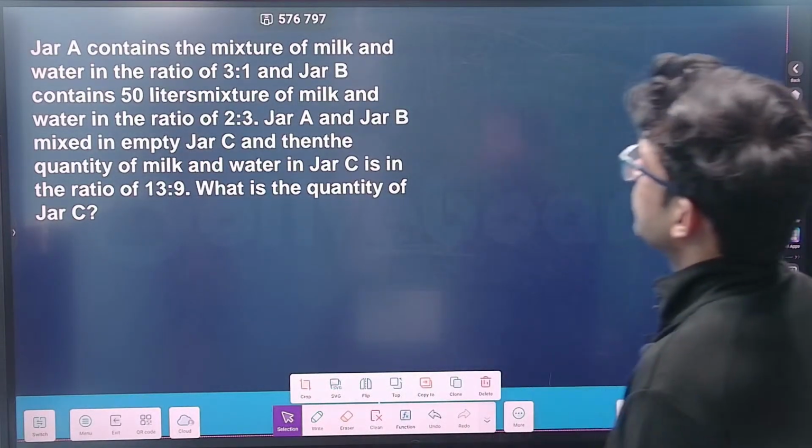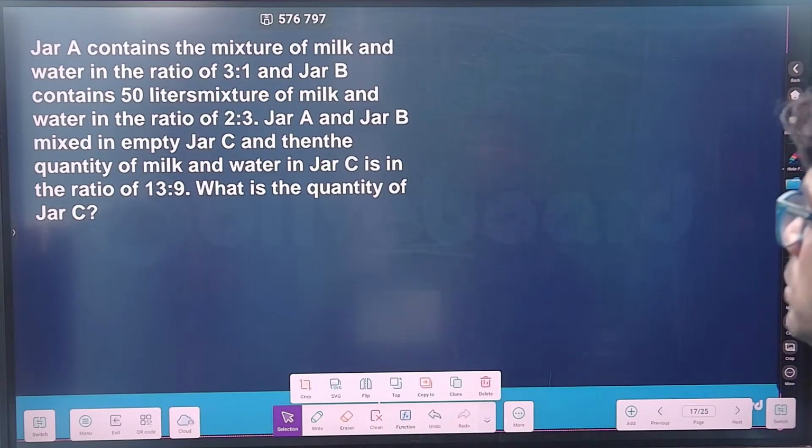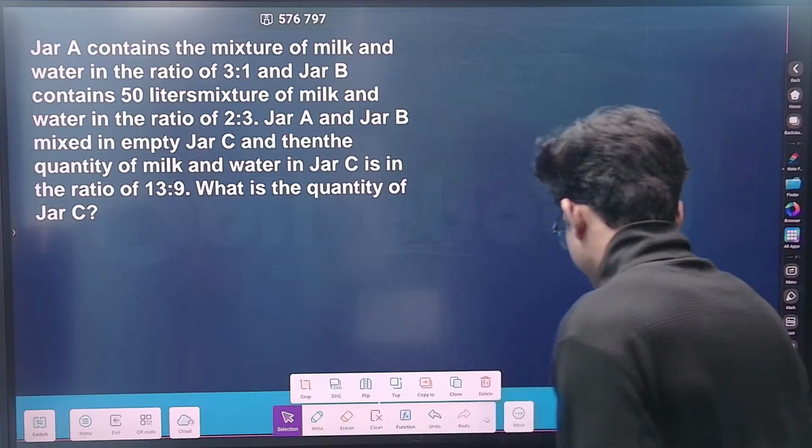See if you can convert it in the ratio 3:1. Read the question, try to.